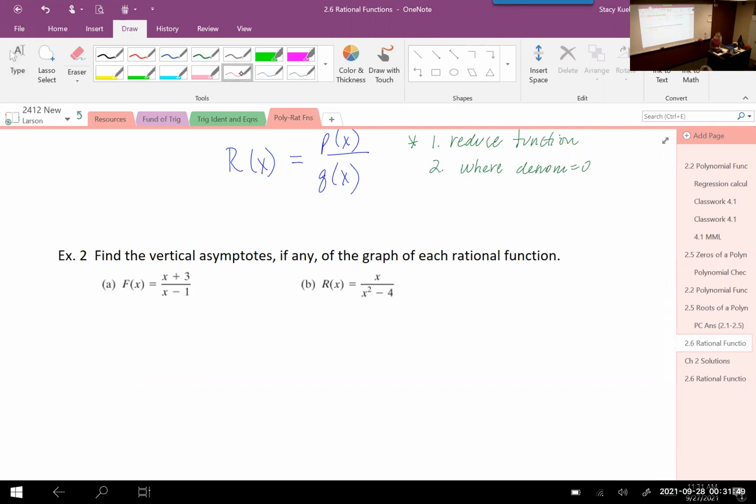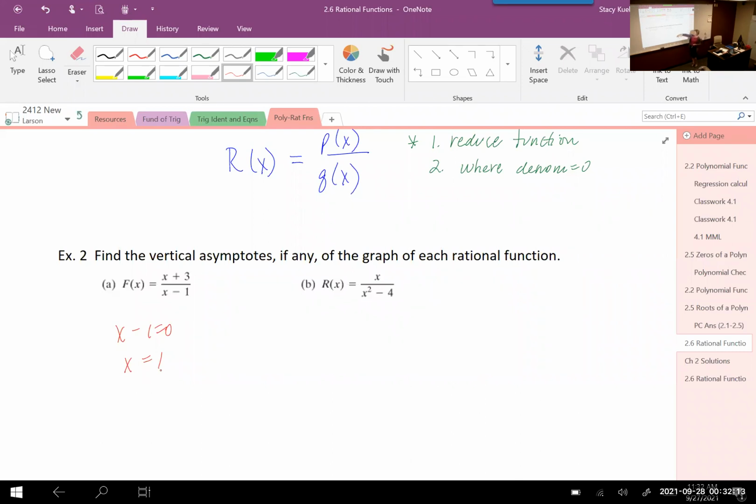Now I can move on and set the denominator equal to 0. X minus 1 is equal to 0, so I find that the equation for the vertical asymptote is x equals 1. All vertical asymptotes have x equals as their equation, right?